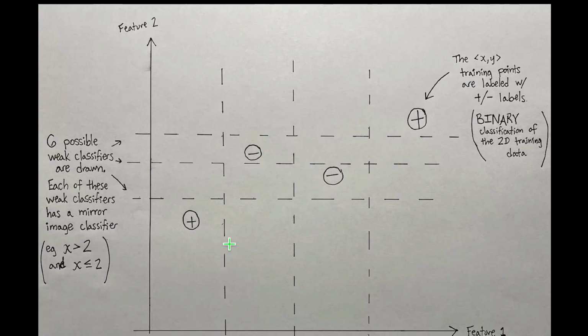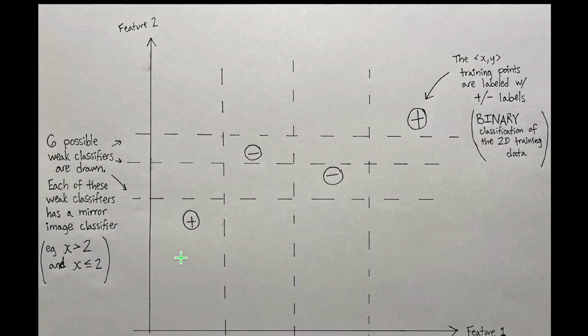Let me explain this line here. Each of these lines actually corresponds to 2 different classifiers, because I could say anything to the left of this line is positive, or I could say anything to the left of this line is negative. Those are both valid classifiers. They might be terrible. One of them is going to be terrible, or they might both be terrible.